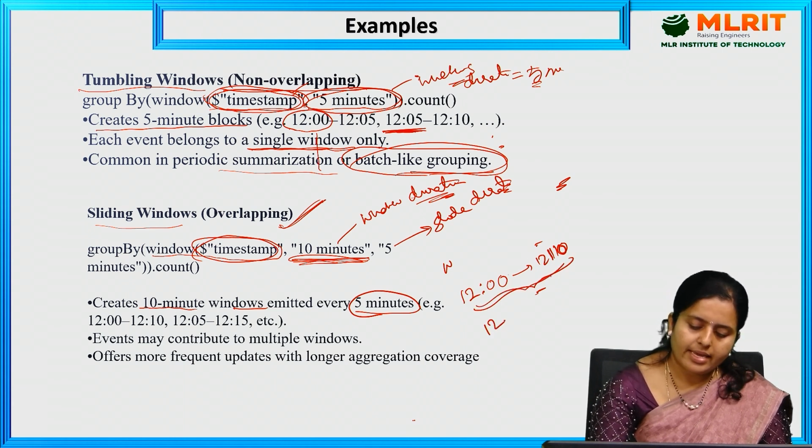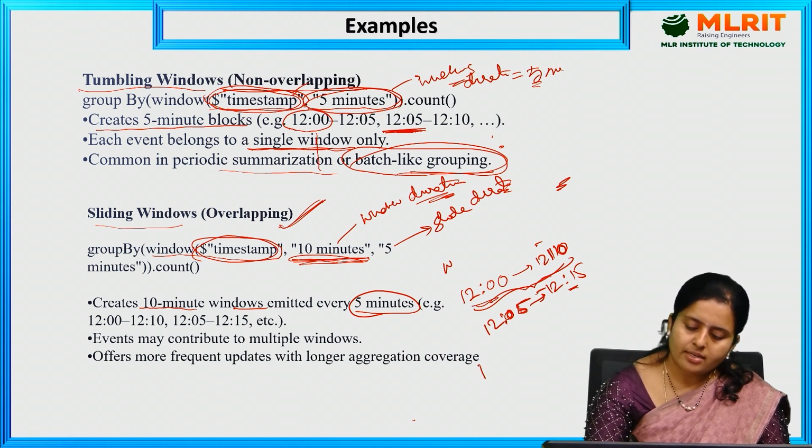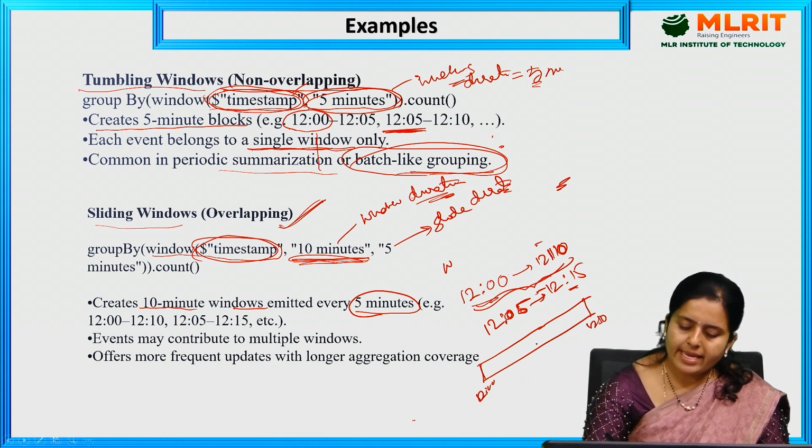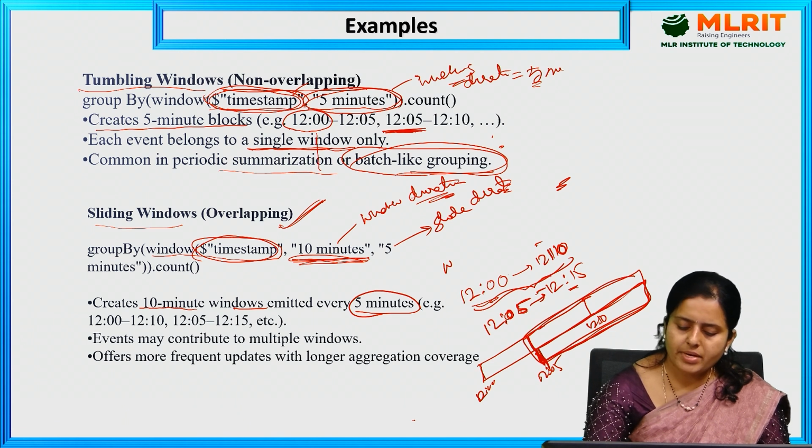Again, another window starts at 12:05, in the middle of window 1, and runs until 12:15. So window 1 and window 2 are overlapping, because the second was added in the middle of window 1.